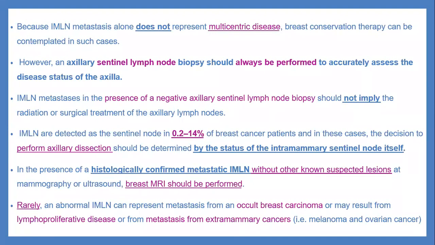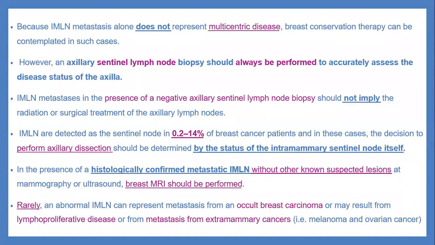So in this case, if the patient applies for conservative therapy, they can do it as they described. However, an axillary sentinel lymph node biopsy is always performed to assess the disease status of the axilla.